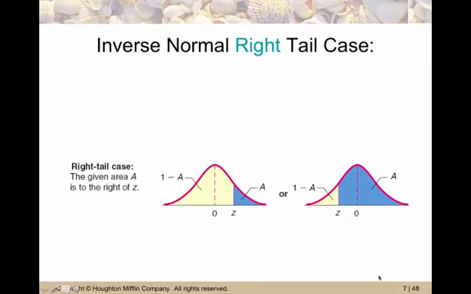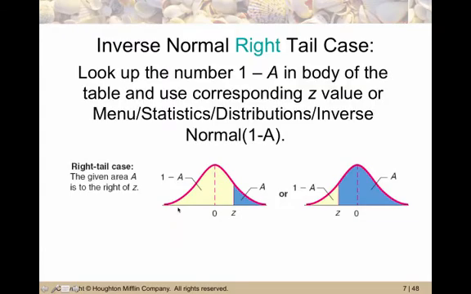If you're interested in the top 10%, you do 1 minus 0.1 and get 0.9. The cutoff score for the top 10% is the same thing as the cutoff score for the bottom 90%. So you look up the number 1 minus a in the body of the table and use the corresponding z-value, or do menu, statistics, distribution, inverse normal, and do 1 minus a.